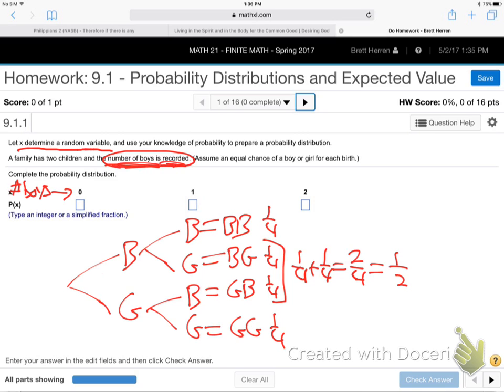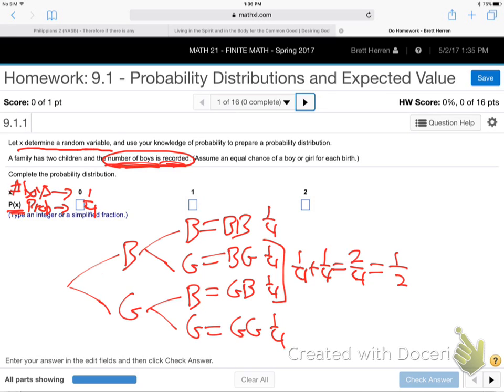And down here, P stands for probability. So what's the probability of having 0 boys is what they're asking. They want me to put in this box, number of boys is 0. What's the probability if a family has 2 kids that they're going to have no boys? 1/4, because it's girl girl. They want a fraction, so I just put 1/4.